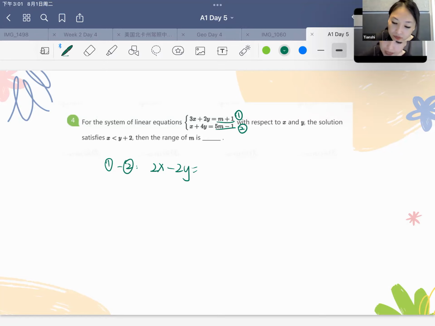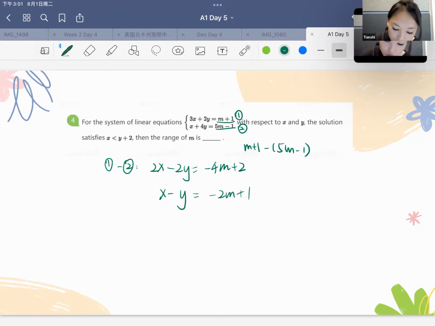So m minus 5m, we have -4m, and 1 minus -1, we have plus 2, right? Because m plus 1 minus 5m plus 1 equals -4m plus 2. Then we can divide both sides by 2, and we will have an equation about x minus y. So x minus y equals -2m plus 1.